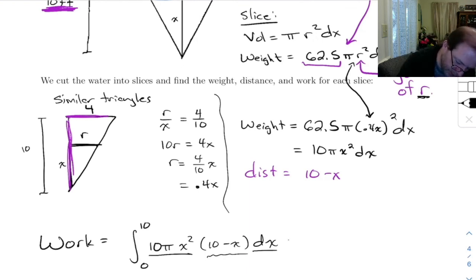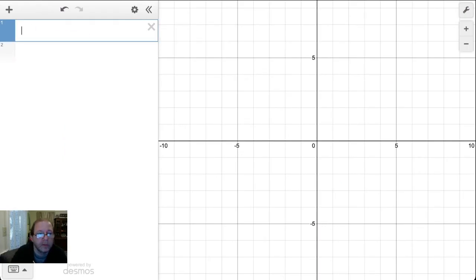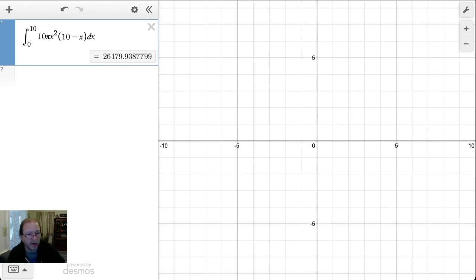That's an easy integral to do, but I'm just going to do it with decimals. The integral from 0 to 10 of 10 pi x squared times 10 minus x dx gives me that number right there.